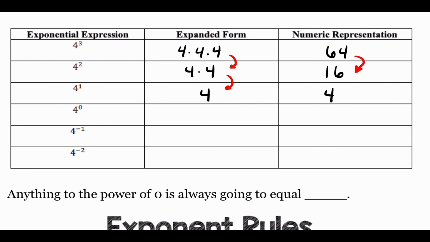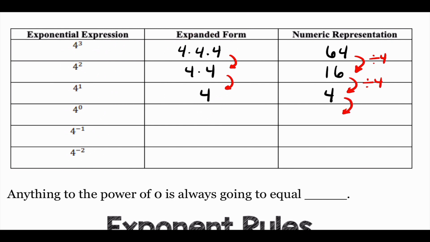To get from 64 to 16, what do I do? Close, not square root. Well, how do I get from 16 to 4? Divide by 4. Do I do the same thing for up here? 64 divided by 4. That's the pattern.